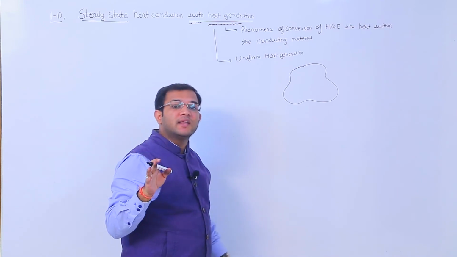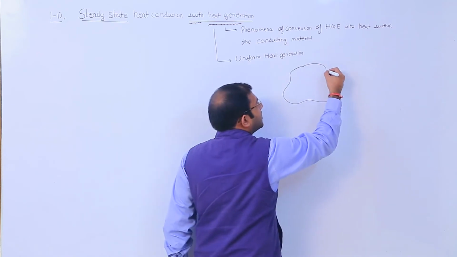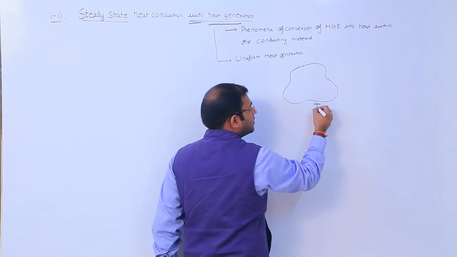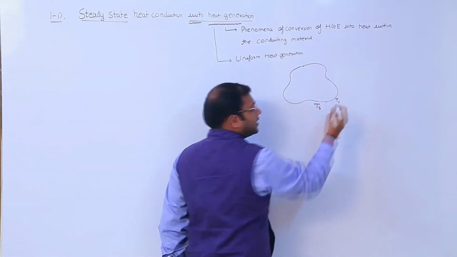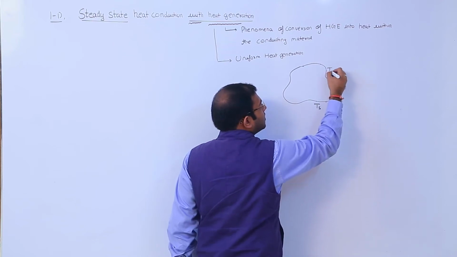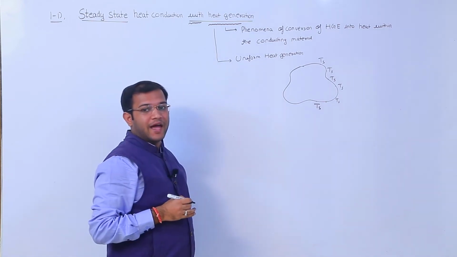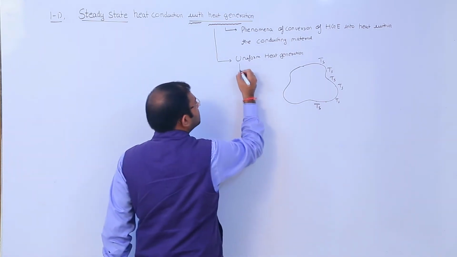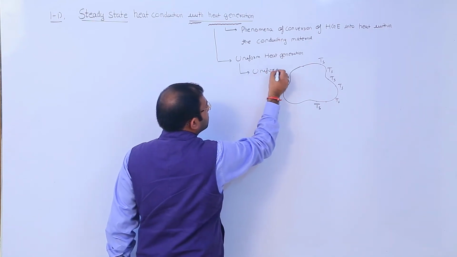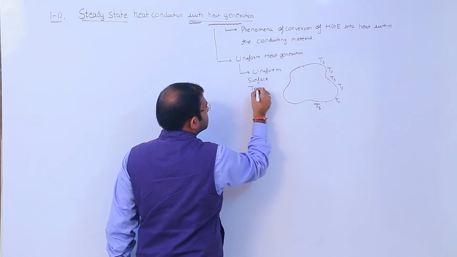And when there is uniform heat generation, the temperature at any point on this surface remains constant. See, take any point on the surface, the temperature will be Ts. That means uniform heat generation means uniform surface temperature.